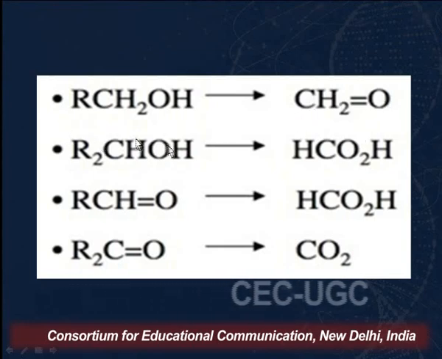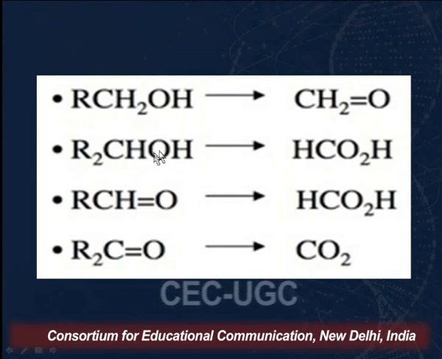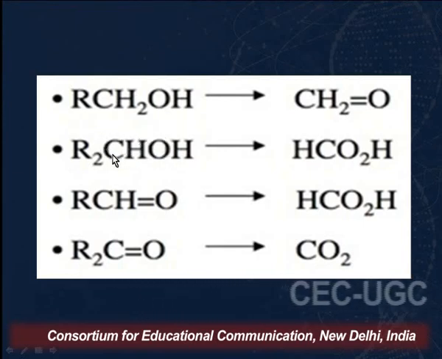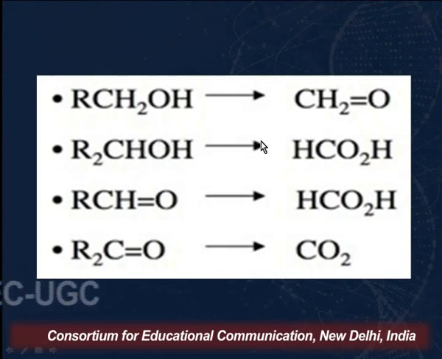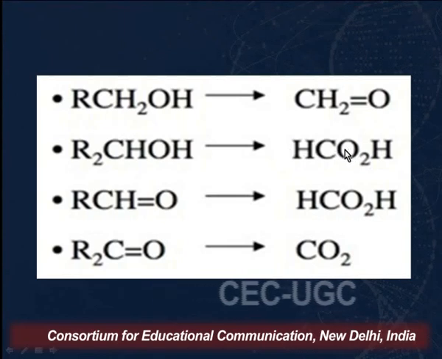And if the hydroxyl group is attached to a secondary carbon, that is, it is somewhere in between two carbons containing hydroxyl groups, then that secondary hydroxyl group will be converted into an acidic group, and we will get formic acid.